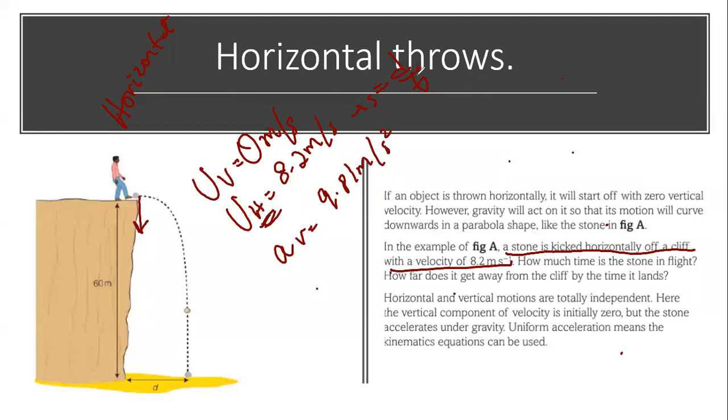The time, whether you're using resultant, vertical or horizontal, you should be getting the same time, because the time overall for the ball to fall is going to be the same. The distance, what distance is it going to go to? It doesn't matter which velocity you use, you should be getting the same distance, because the time is not going to change. So whether you're using horizontal or vertical, it's not really going to affect it.